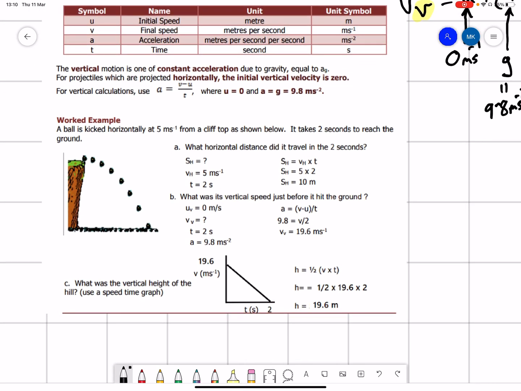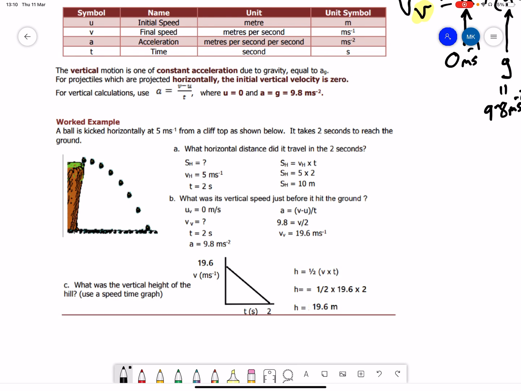Right. Let's look at an example. A ball is kicked horizontally at 5 meters per second. So it's being kicked off a cliff at 5 meters per second horizontally. It takes 2 seconds to reach the ground, so it is going to follow that path.